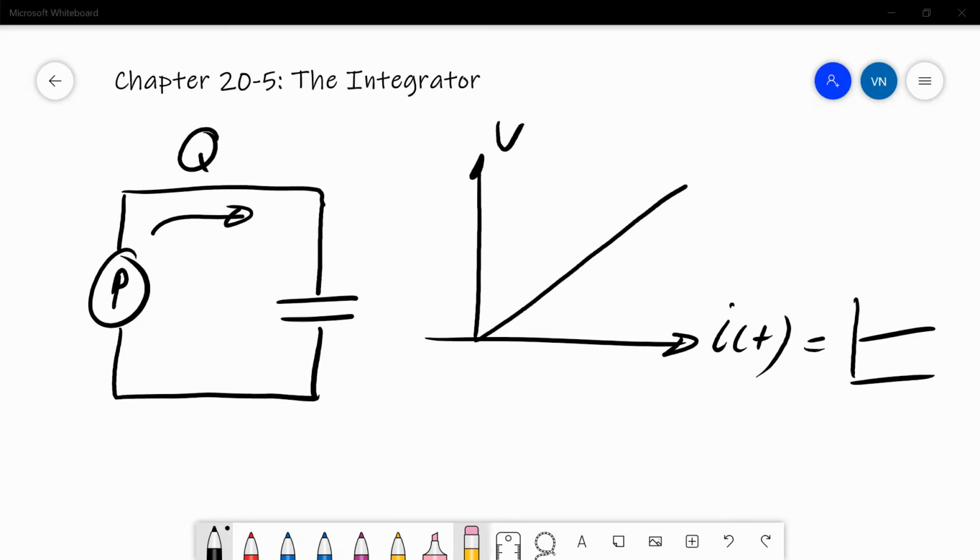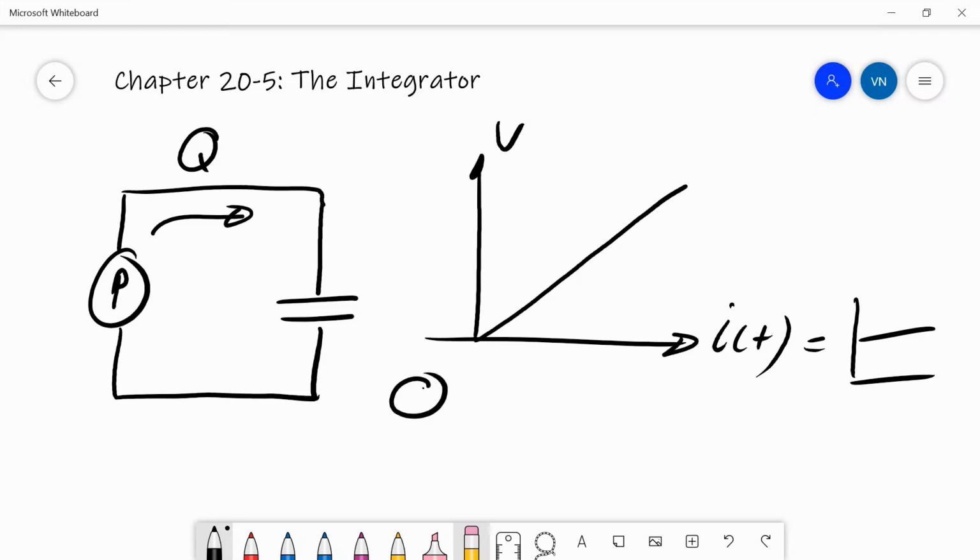And if you recall the formulas for this, there was Q equals CV, where the amount of charge in a capacitor is proportional to its capacitance times its voltage, or we could say that the voltage is equal to Q over C, that the capacitance is basically the thing that relates the amount of charge in a capacitor to the voltage across it.